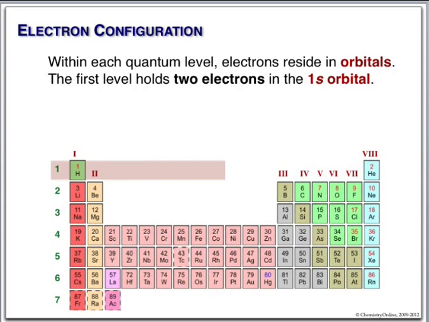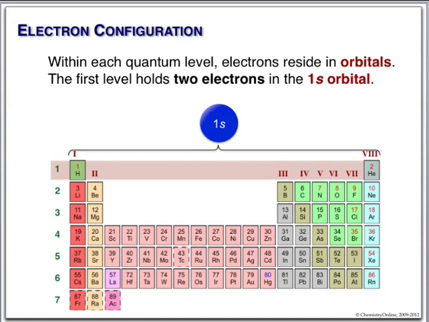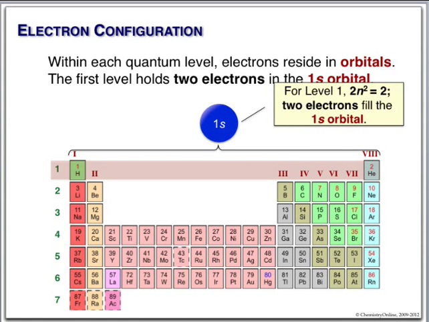All right, let's go back to our periodic table. Our first quantum level. We can put in 2 electrons, and these are going to go in the S. We use 1 to indicate the period, and S to show it's the S orbital, and we can put 2 electrons in it.